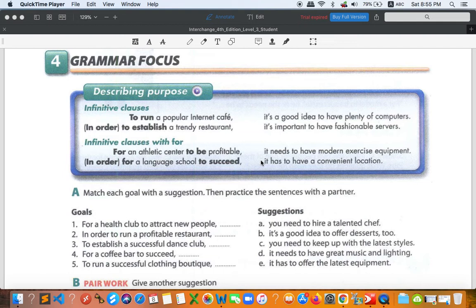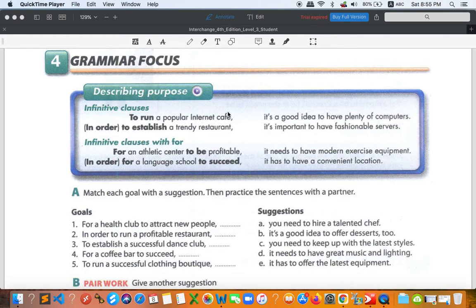Alright, so we have infinitive clauses, and infinitive clauses with for. We'll take a look at the example in this box altogether. We have to run a popular internet cafe. It's a good idea to have plenty of computers.